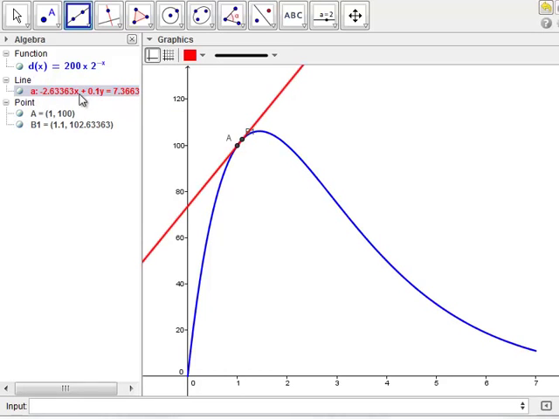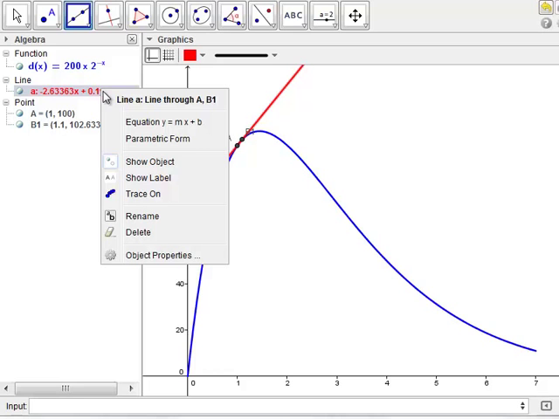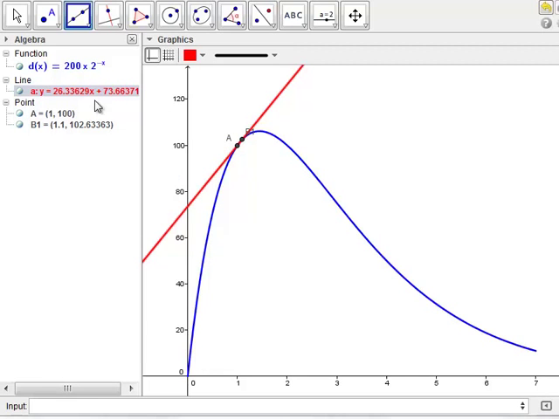Notice the equation of the line given here is something x plus something y equals something. That's in standard notation. If I put it down here in y equals mx plus b form, I can read the slope right off of it. So y equals something times x plus a constant. And so it looks like the slope is 26.336.